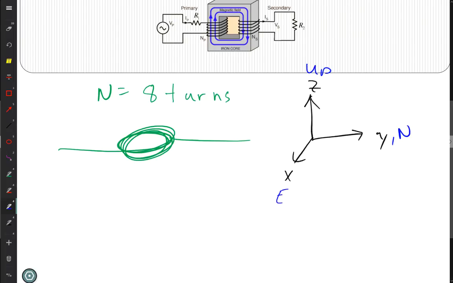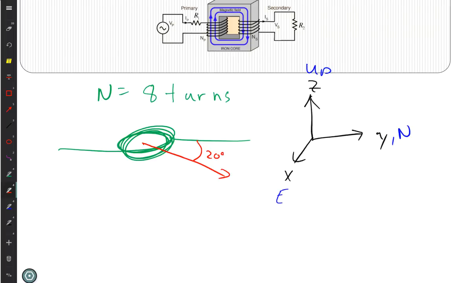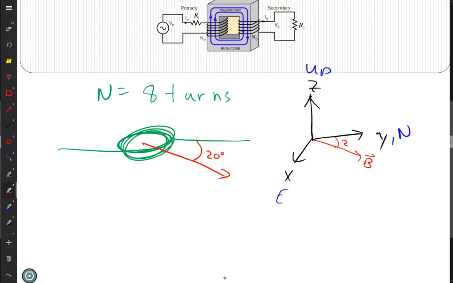Okay, so having that, the magnetic field of the Earth is going to be 20 degrees from the horizontal. So in our picture here, I'm going to put it under the y-axis at an angle of 20 degrees below the y-axis.